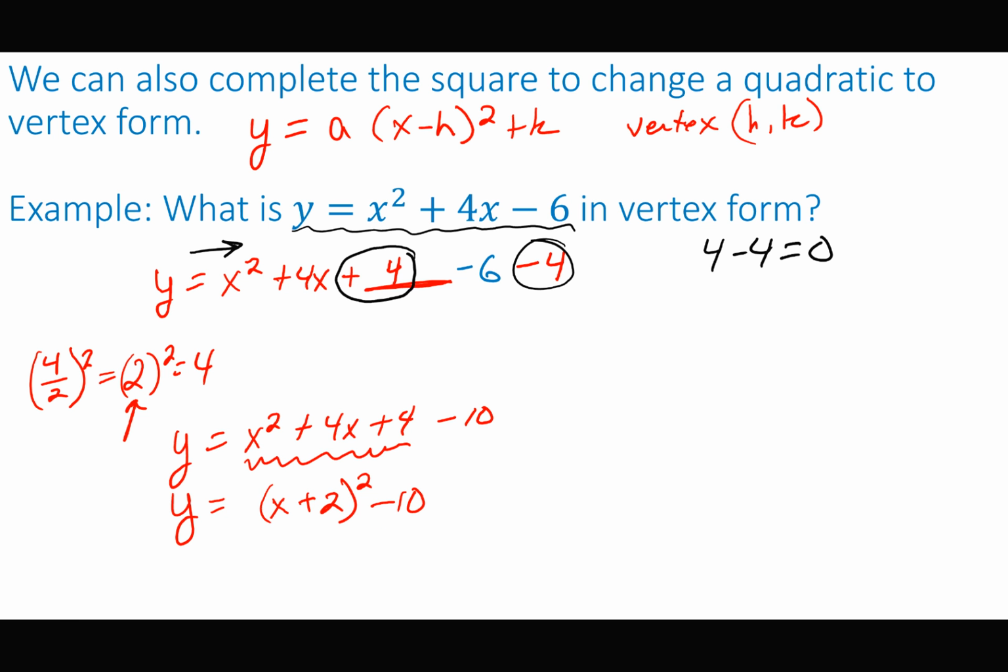Now I am in vertex form. So from this, I can identify my vertex. Vertex form was x minus h. And so really this is x minus a negative 2. So the vertex is going to be at negative 2 comma negative 10.